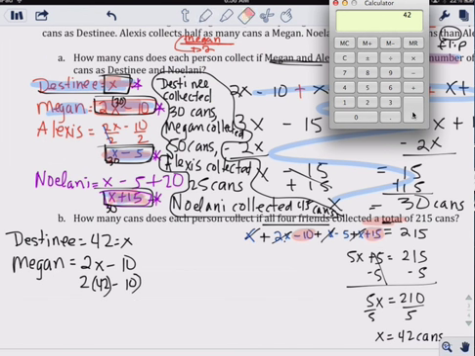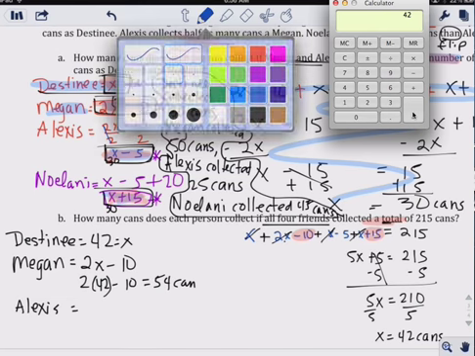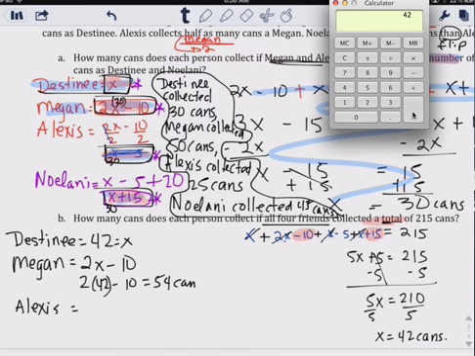So Megan collected, that's 84, so 74 cans. And Alexis collected x minus 5.